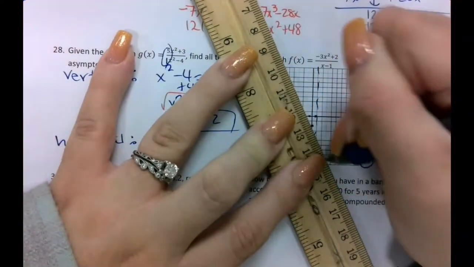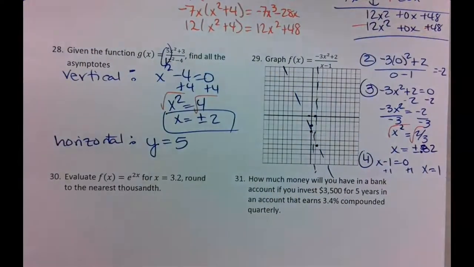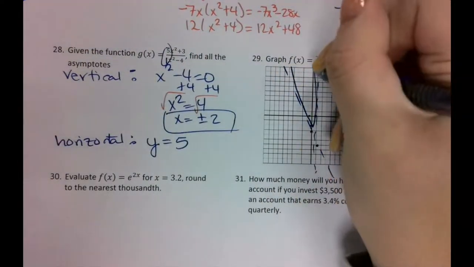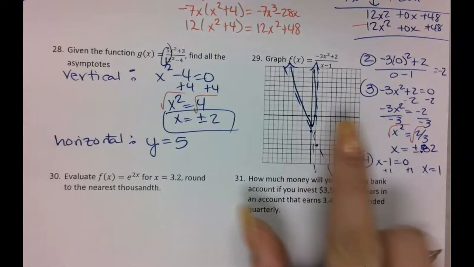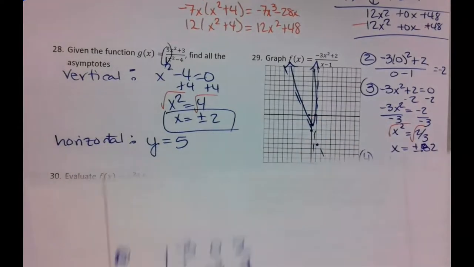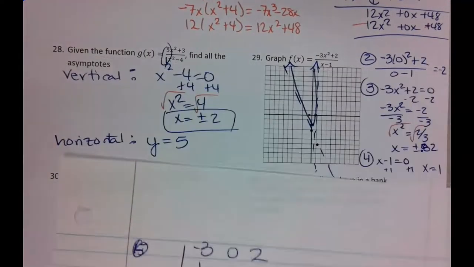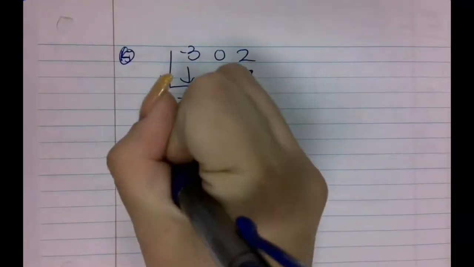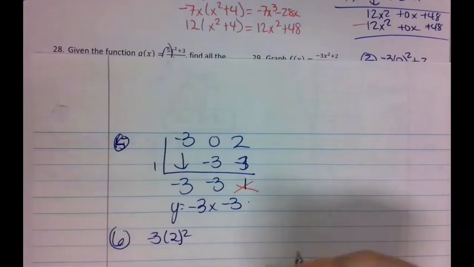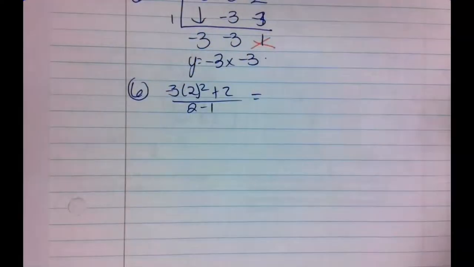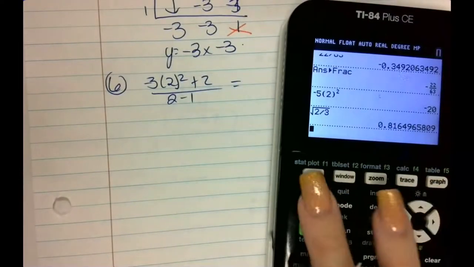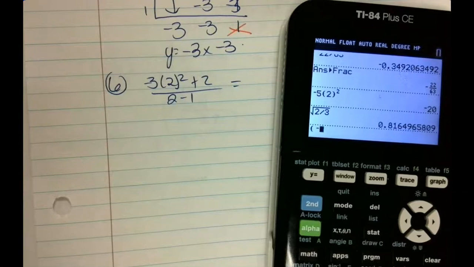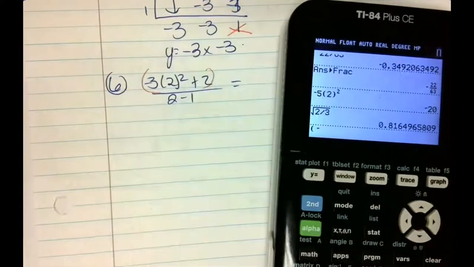This is an asymptote, so it gets a dashed line. Then I have points here that I can connect, and I need an additional point on the right side of this asymptote to see if it's above or below that slant. So I am going to pick 2 to plug in. When I type this into my calculator, I want to make sure my numerator is in parentheses when I type it in.